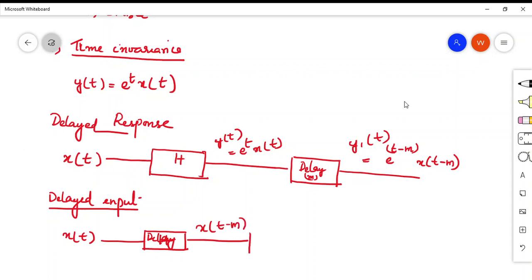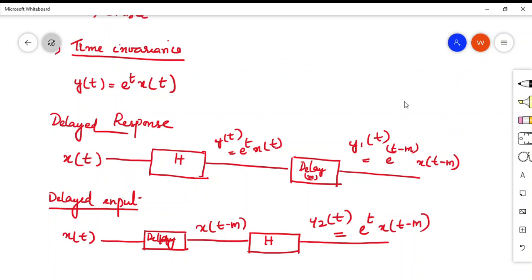Then you have to pass it through your system H, so that you take it as y2 of t. Now this will be equal to what? Your y of t is equal to e raised to t x of t. So if the input is x of t minus m, your output becomes e raised to t x of t minus m.